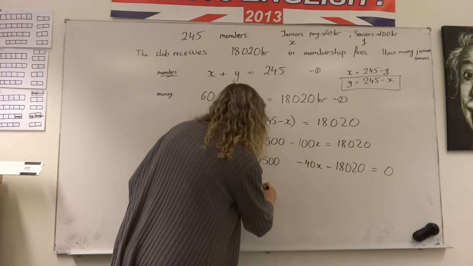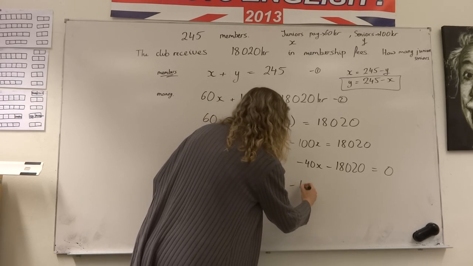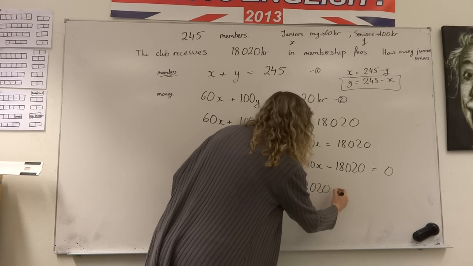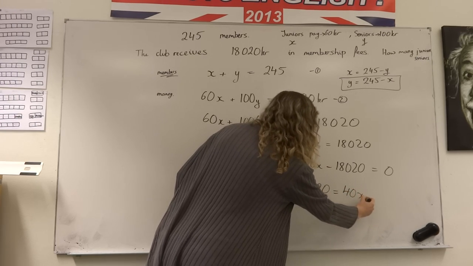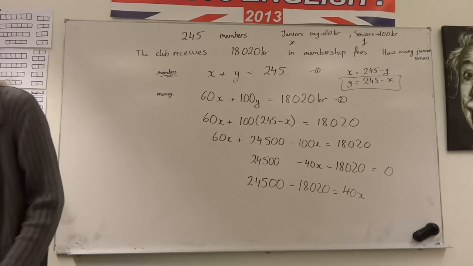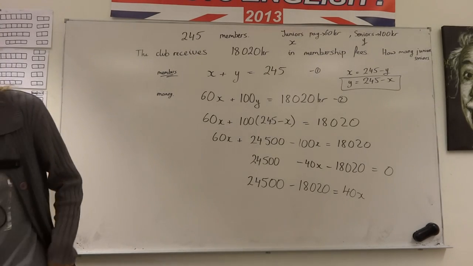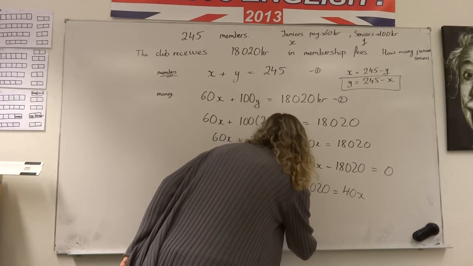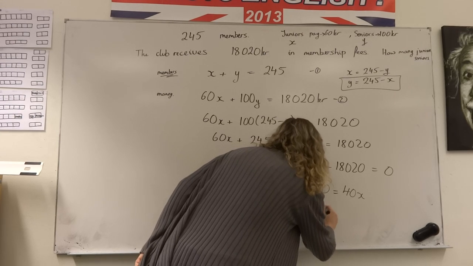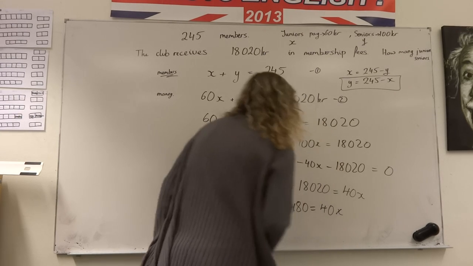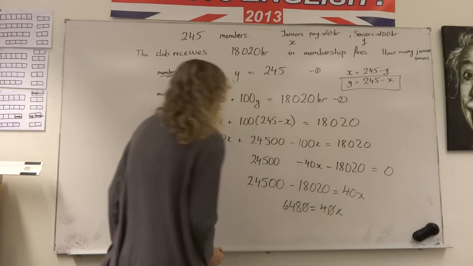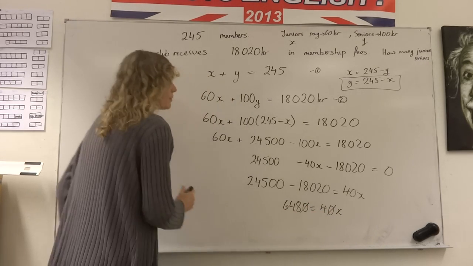So I get 24,500 minus 18,020 equals 40x. When I subtract those, I get 6,480 equals 40x. Now it's quite easy because I can just divide 648 by 4.